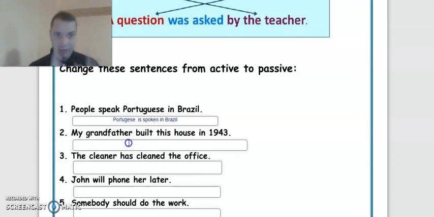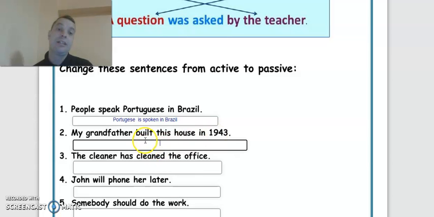Okay, and let's just try one more. If you need to use your books, remember page 135 will have a list of all the past participles we should be using here. So let's just try number 2. My grandfather built this house in 1943.